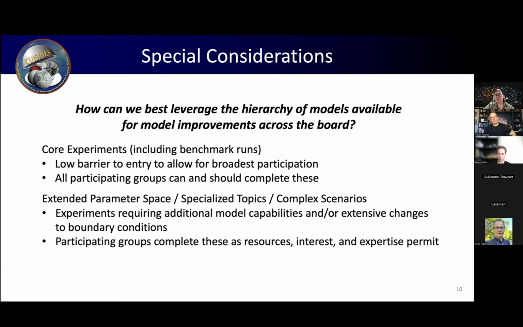Again, in terms of the experimental design, having at least one or two experiments that are easily adaptable to perhaps other model types other than the ones that are originally engaged in the particular MIP. Or think about extending the parameter space for those models that are capable of stretching forward, and taking advantage of that to help inform some of the results or the benchmarks for the other model types.